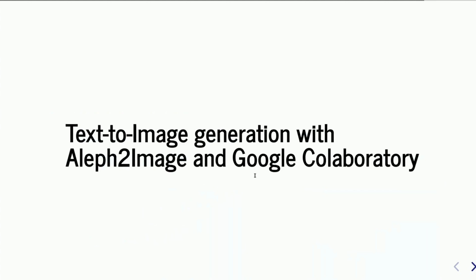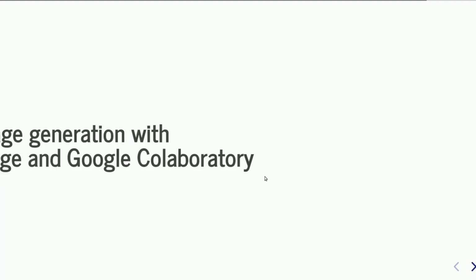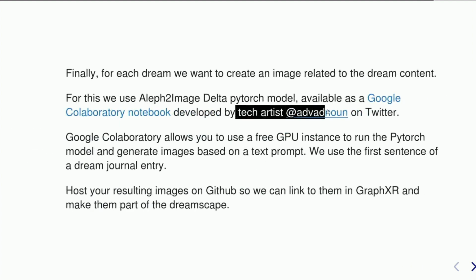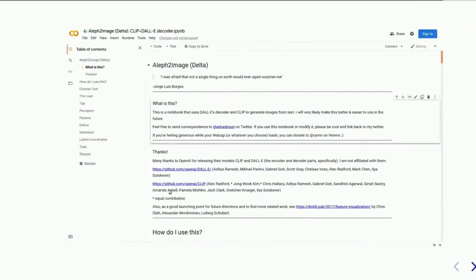Probably the most interesting part of this talk is the text-to-image generation. For this, we have to thank the text artist Advadnoun, who created the PyTorch model and made it available as a Google Colab notebook, of which here is a screenshot.